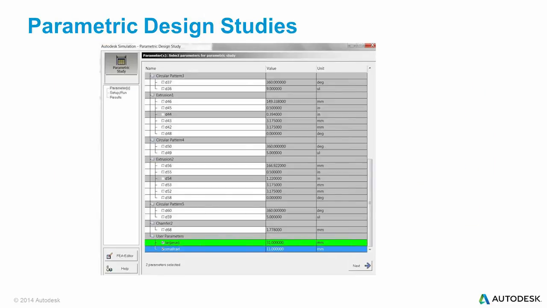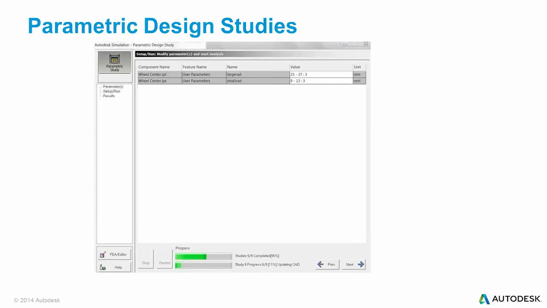Within Simulation Mechanical, you can see your Inventor design parameters. You can select the ones of interest, like large radius or small radius at the bottom. You can put a range in which they can vary, going from 25 to 37 millimeters, and 9 to 13 millimeters at 3 levels.